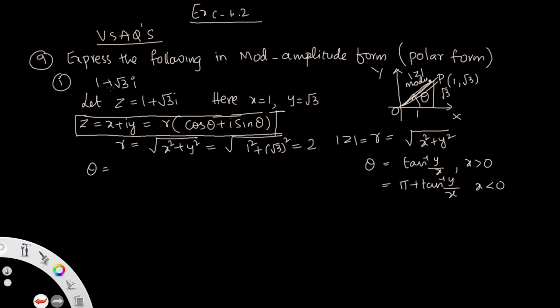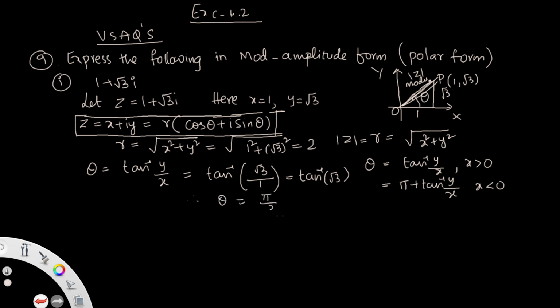Here x is positive, so theta equals tan inverse y by x, that is tan inverse of root 3 by 1, that is tan inverse root 3. That is 60 degrees, that is pi by 3.